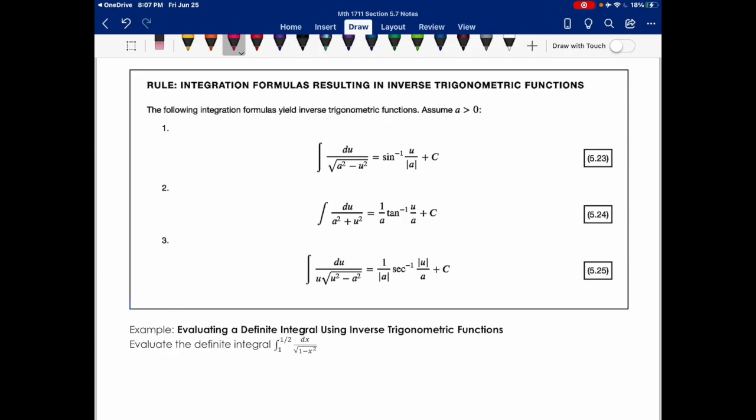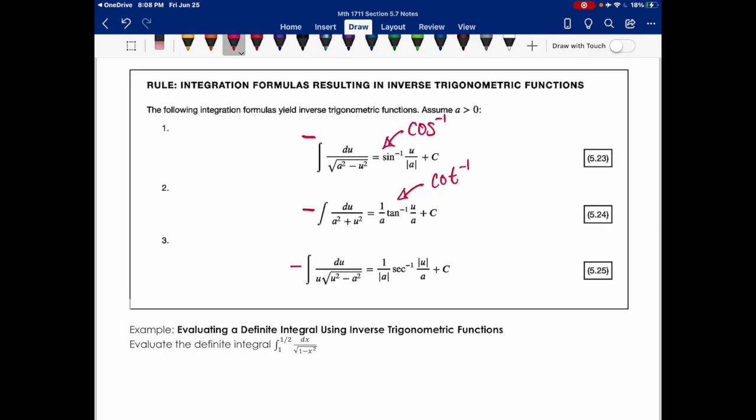It highlights inverse sine, inverse tangent, and inverse secant. The book doesn't stress the other 3, and that is because all you need to do to find inverse cosine is put a negative in front of the integral du over the square root of a squared minus u squared. That will give me inverse cosine. Same thing goes for number 2.